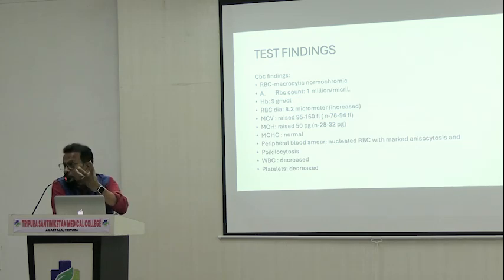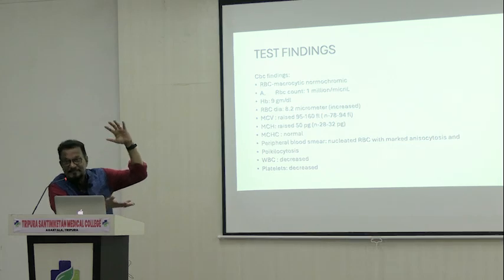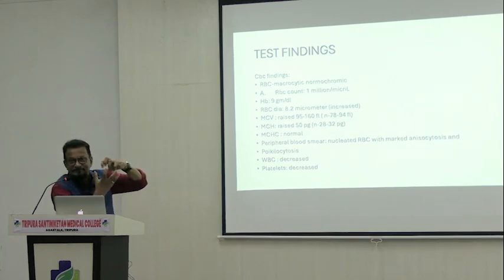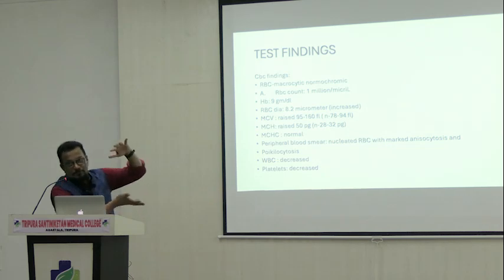Megakaryocytes will not be formed in adequate number, and from megakaryocytes, platelets are formed. So this is one reason. Another reason is, since the spleen has increased in size, it will trap platelets from the blood. As a result, the blood count will decrease.